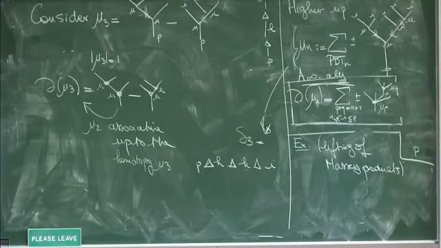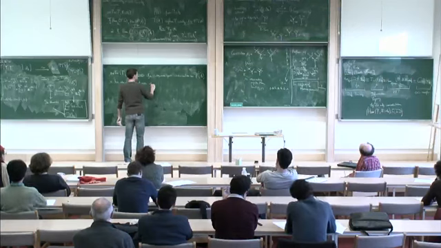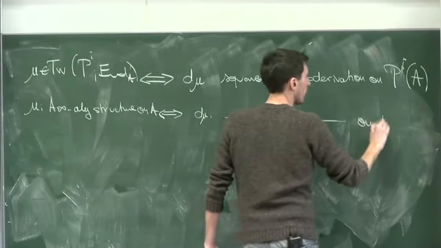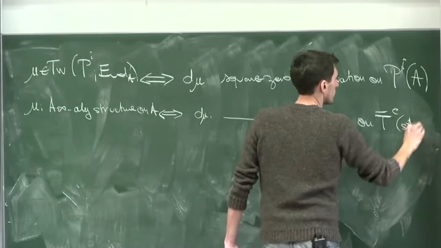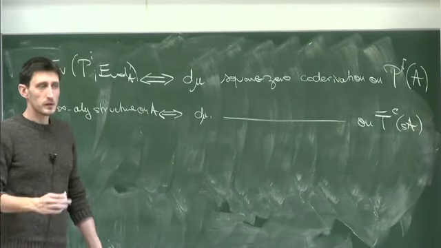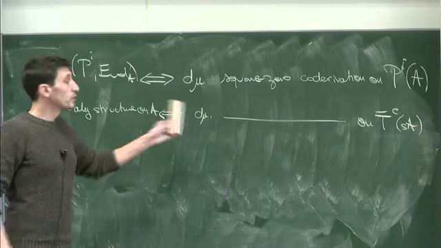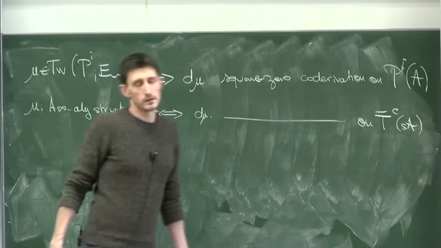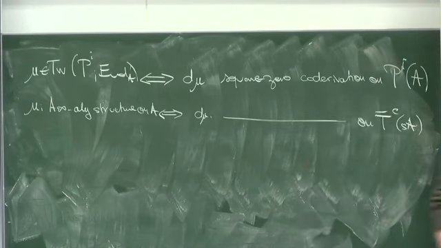For those of you who've seen an A-infinity algebra before, this data is equivalent to d_mu being a square 0 co-derivation on the co-free coalgebra on S of A. I really have no time and I'm sorry, so maybe during the exercise session, prove that. It's very easy. Okay, good.